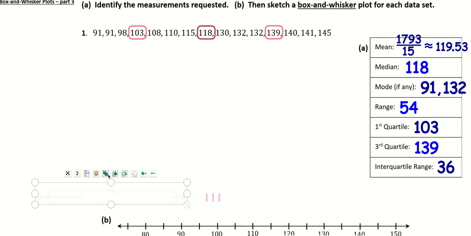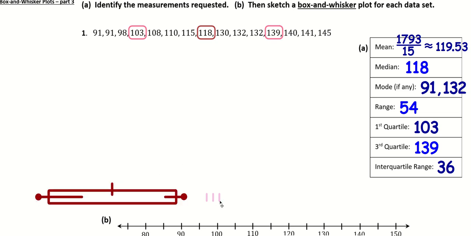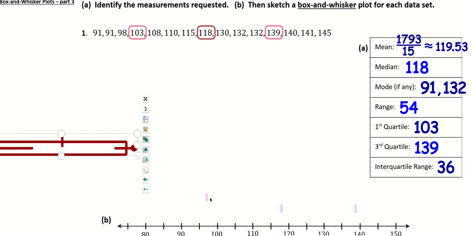So let's see here. Remember, Box-and-Whisker plot, we would have needed the approximately 118, 139-ish, and 103 right there.